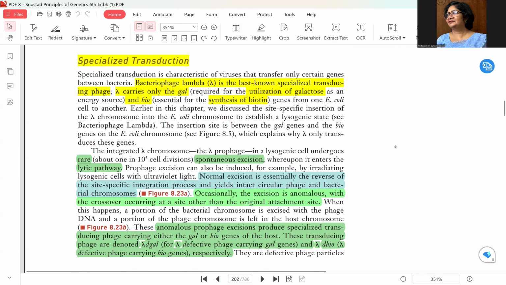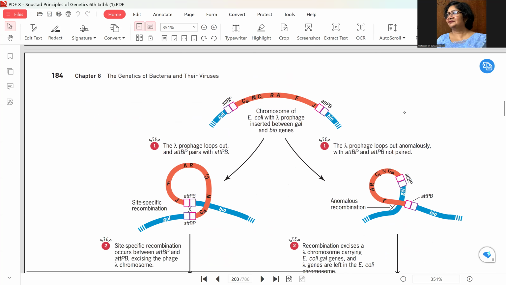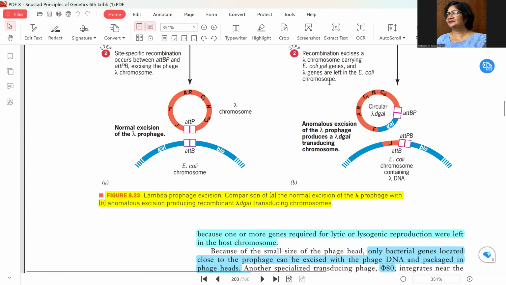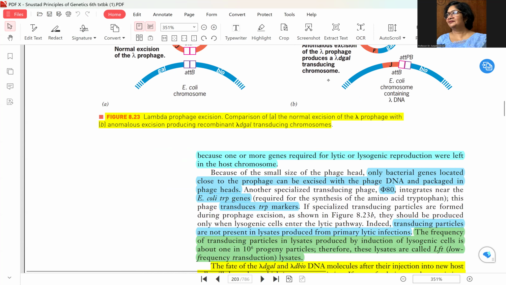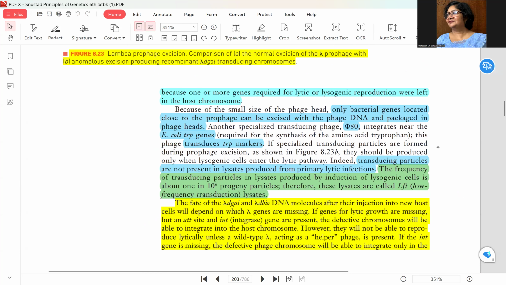It carries the biotin gene, which is its defect because it is not supposed to carry the biotin gene of the host. So the fates of the lambda d gal or the lambda d bio depend on which gene is missed by the virus during this imperfect excision process.